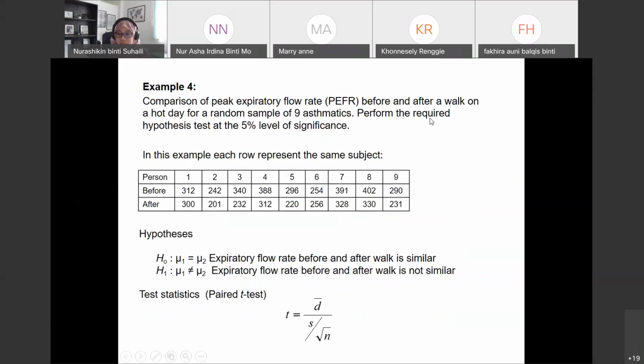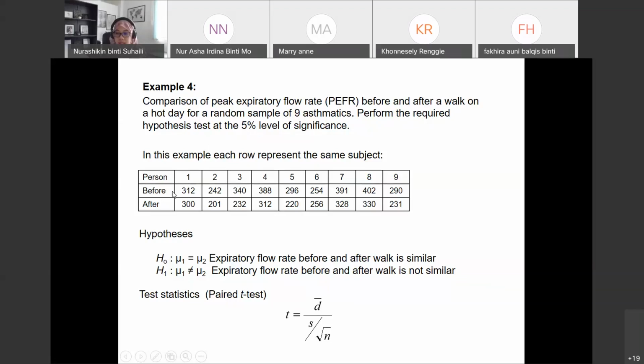Okay, this is an example of a problem that involves dependent samples. I went directly to the D just now. Comparison of peak expiratory flow rate before and after a walk on a hot day for a random sample of 9 asthmatics. Perform the required hypothesis test at the 5% level of significance. So this is before and after.